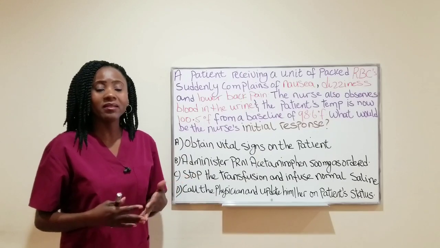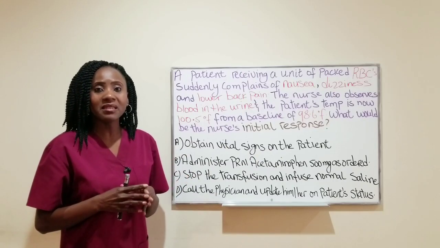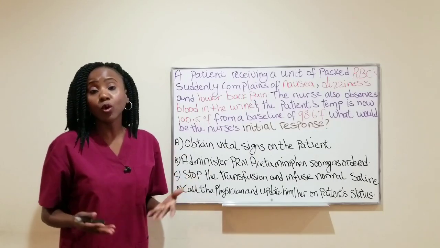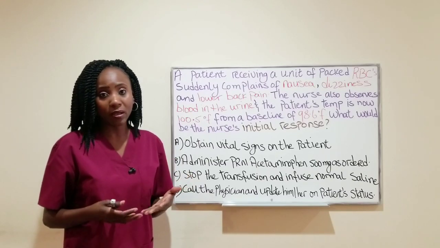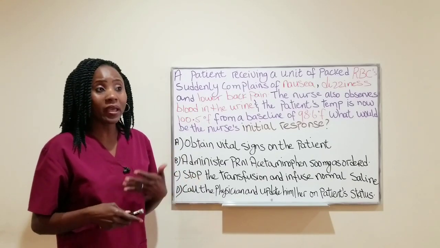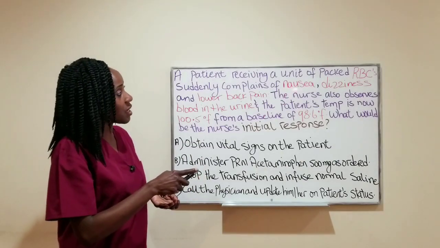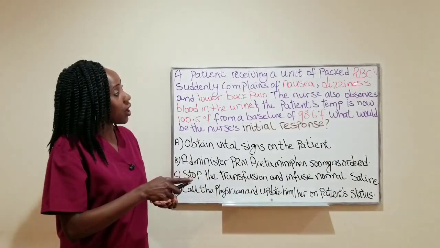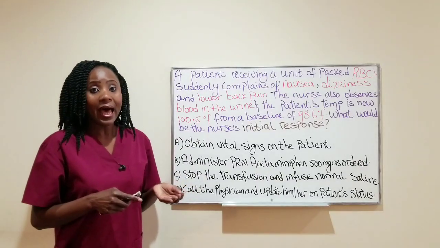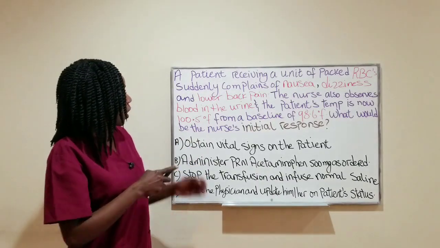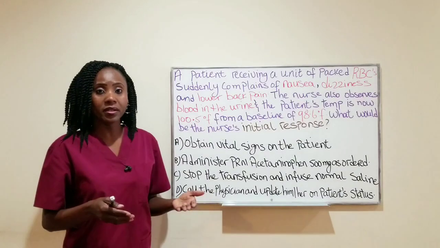When this happens, the red blood cells break apart and hemoglobin is spilled out into the blood. The excess hemoglobin built up in the blood causes symptoms such as nausea. It also causes dizziness, and it causes blood in the urine.